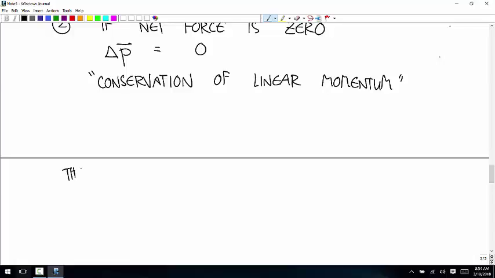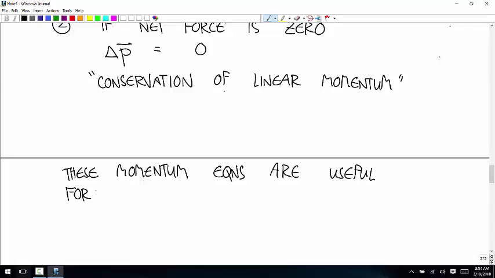These momentum equations are useful for collisions and explosions, more often collisions.